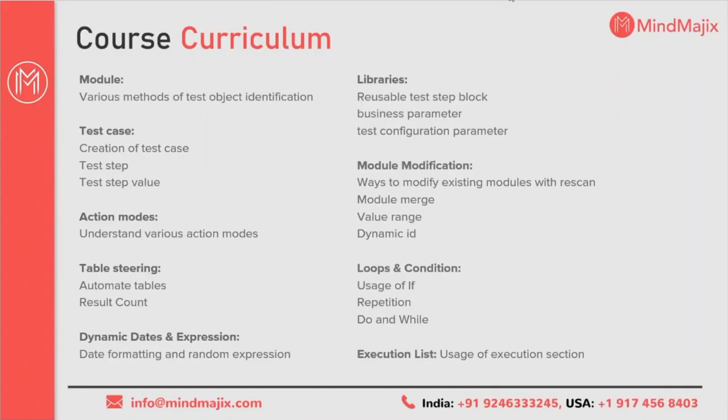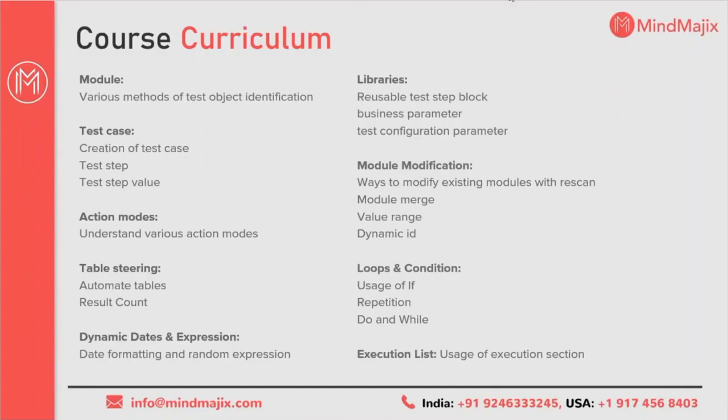Then I'll be explaining the different action modes and their uses, where you have to put the different action modes to use. Then how we steer the tables and the different properties of table steering. Then how to generate dynamic dates and time expressions, and also the dynamic or random values generation. Then we'll be covering the libraries, where we talk about the reusable test step blocks and the business parameters.